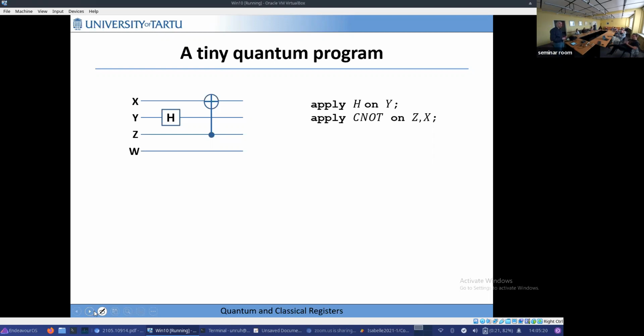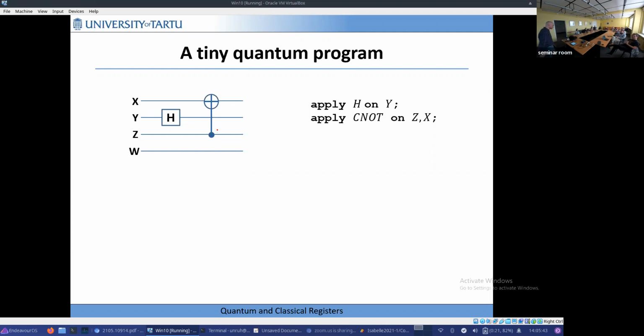So you can imagine that here we have these 4 wires, which could just be carrying classical data, and then H is some operation on this classical data. I mean, there are not many operations on a single bit classically that you can do. Quantumly, there's more. And then here we have an operation on 2 wires.